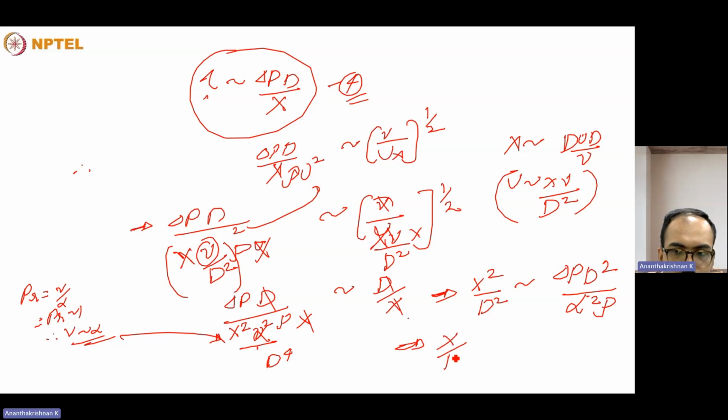That is, x by d is of the order of delta p d squared divided by rho. The point is nu can replace alpha. This is alpha squared.